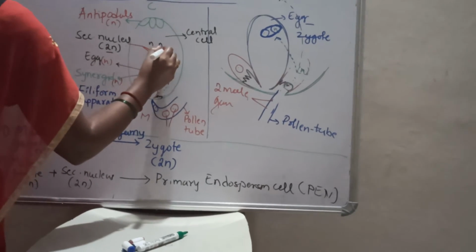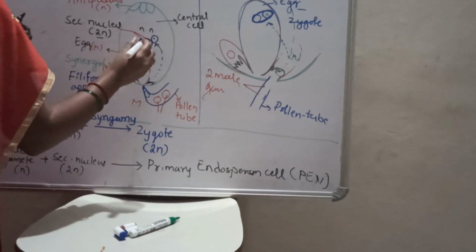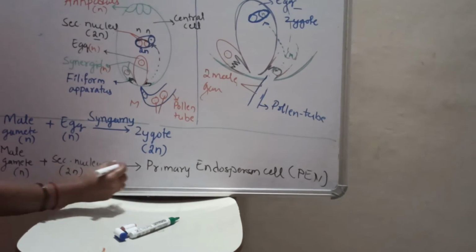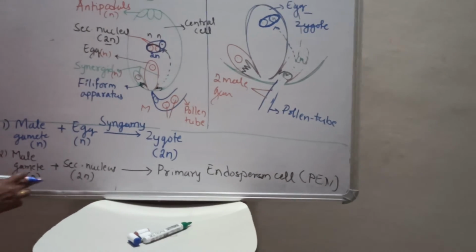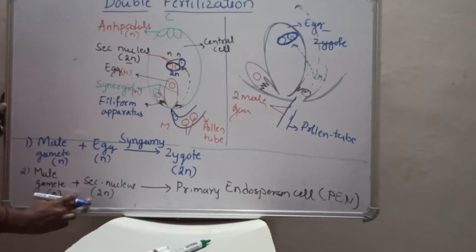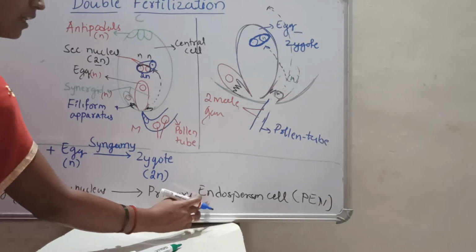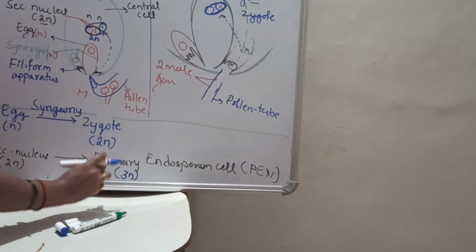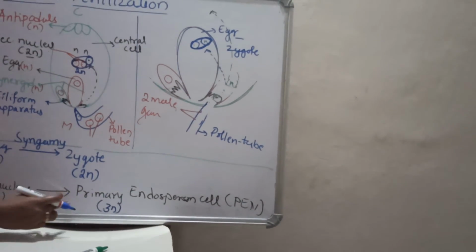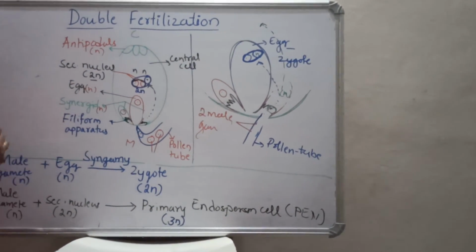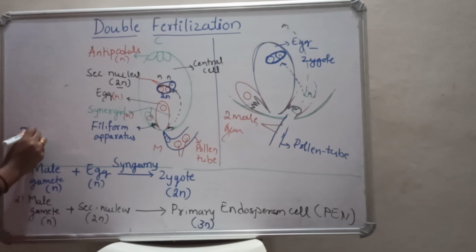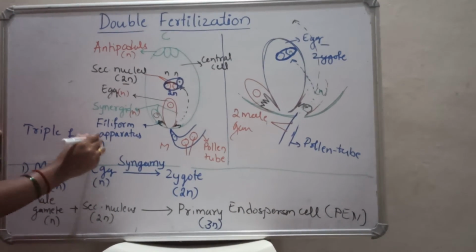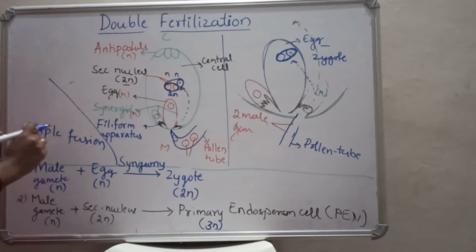It means there are 3 nuclei: one is the male gamete and the secondary nucleus has 2 nuclei. It means the primary endosperm nucleus has 3 nuclei. This process, the fusion of 3 nuclei, is called triple fusion.